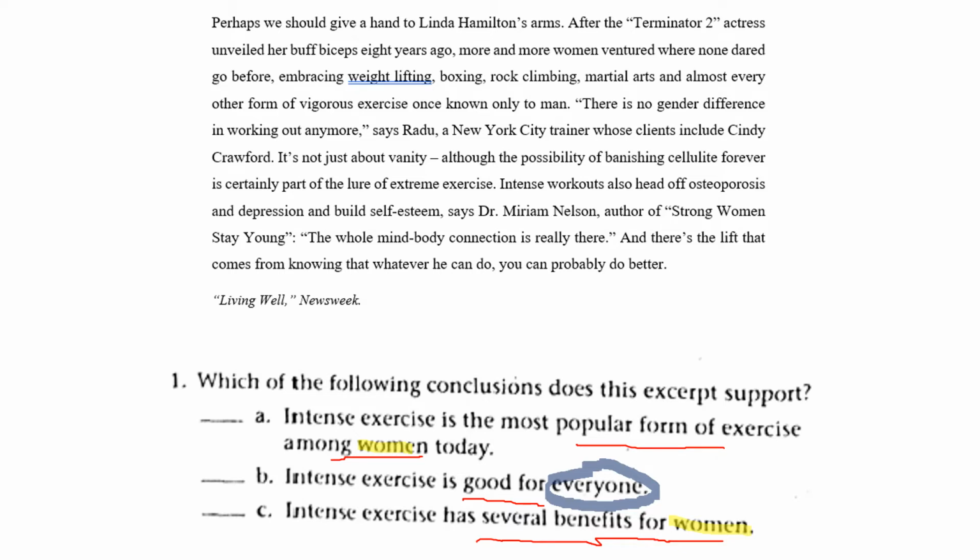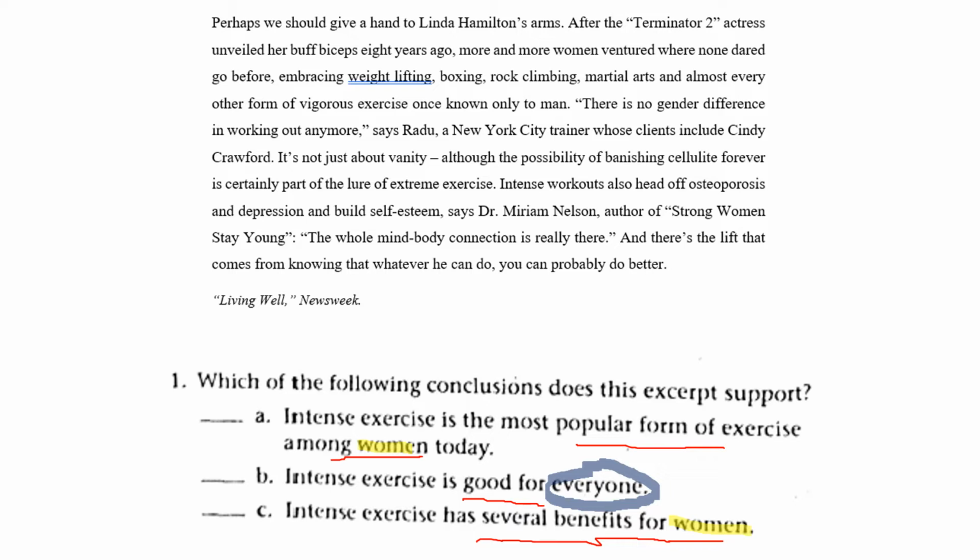So perhaps we should give a hand to Linda Hamilton's arms. After the Terminator 2 actress unveiled her buff biceps 8 years ago, more and more women ventured where none dared go before, embracing weightlifting, boxing, rock climbing, martial arts, and almost every other form of vigorous exercise once known only to man.